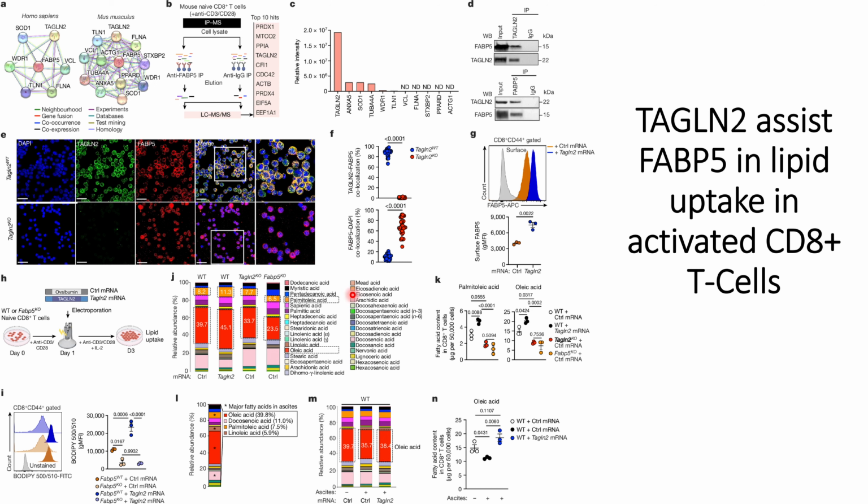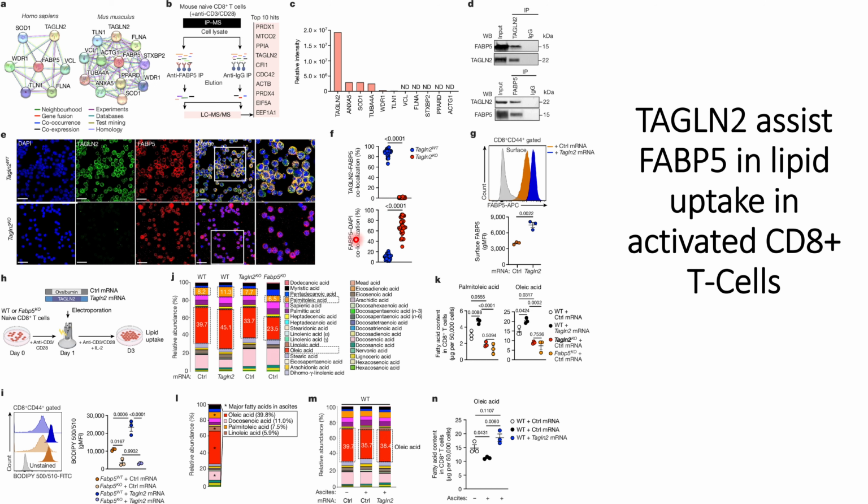So let me again explain this panel F. The first panel shows the overlap of TAGLN2 and FABP5 proteins. Since TAGLN2 is expressed on the cell surface, FABP5 proteins are also expressed on the cell surface, so their overlap is close to 100%. But in the knockout, since TAGLN2 is not present, it is close to 0.